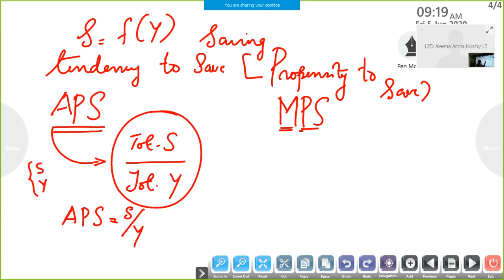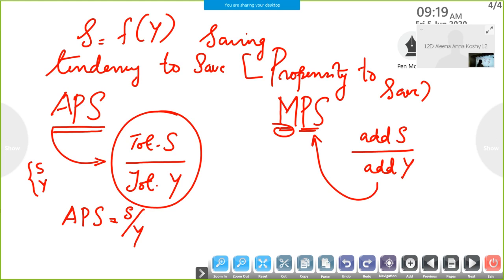Marginal propensity to save. Marginal shows additional. So we prepare the ratio between additional saving and additional income. That will give marginal propensity to save. From here we can make the formula for MPS, that is delta S by delta Y.